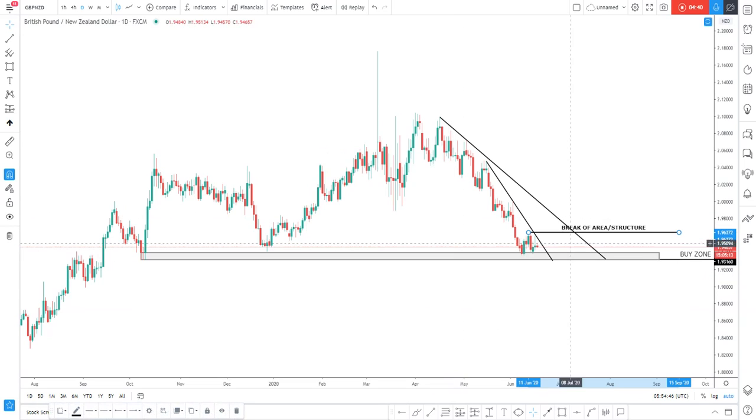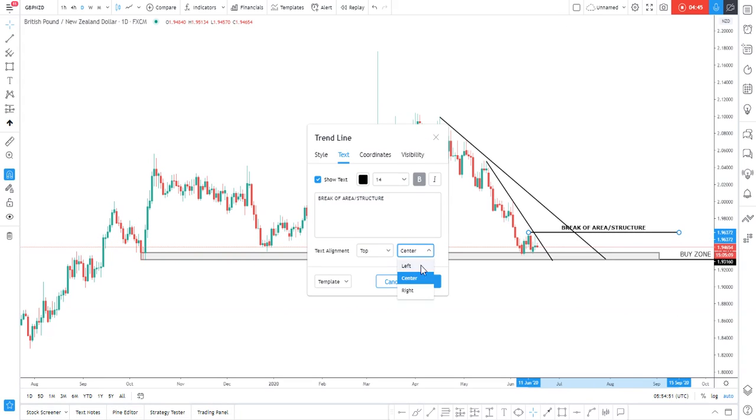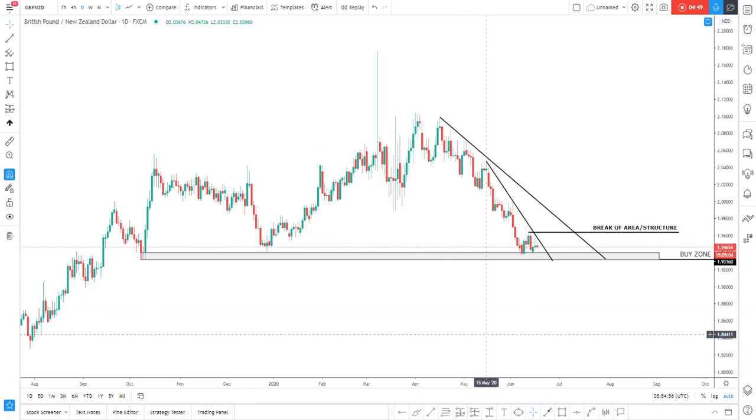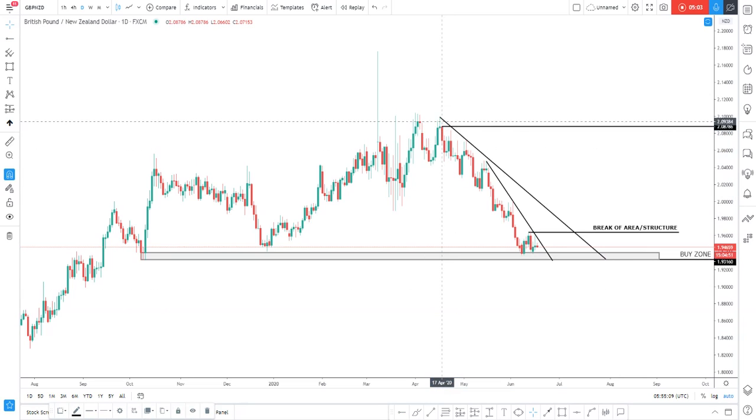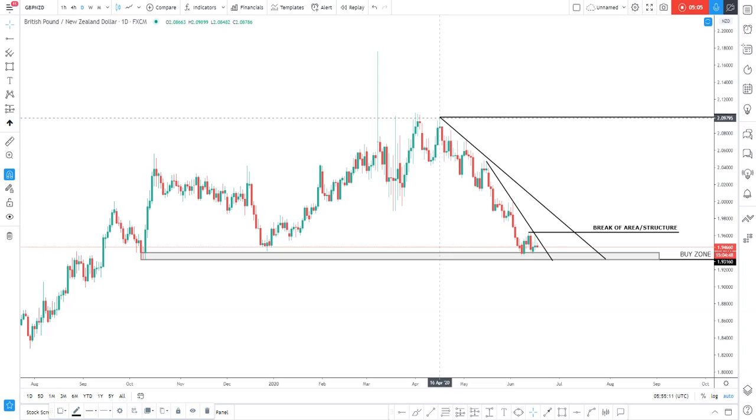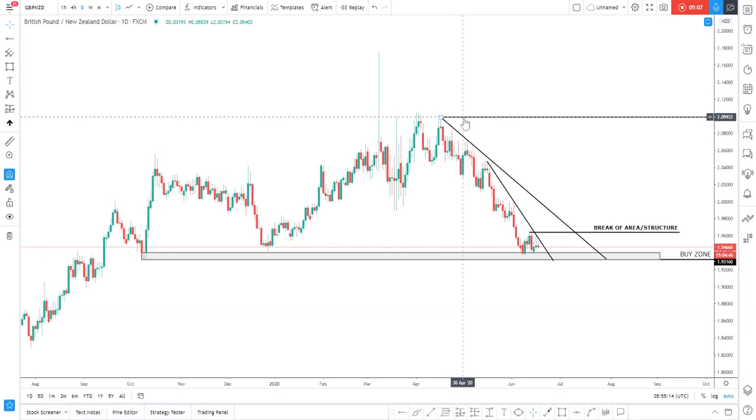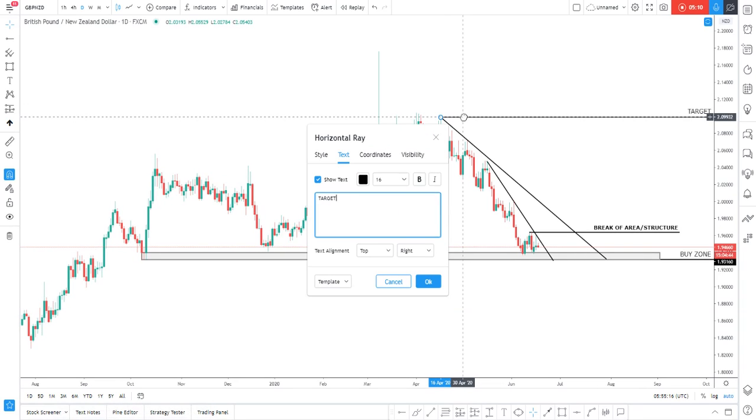It's only if this structure breaks that I'll look to go long on GBP NZD. So what I expect is this minor bearish trend line will break. Then this major one would also break. Then my target would actually be at this area here, 90% of the move. So our target is 90% of the move.